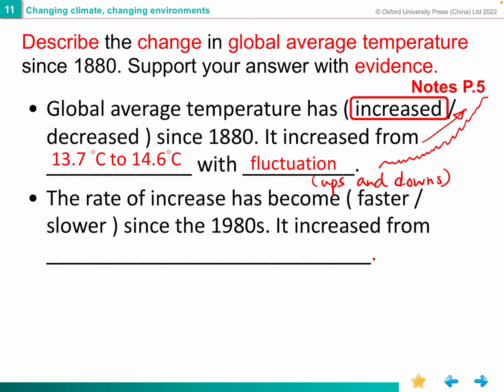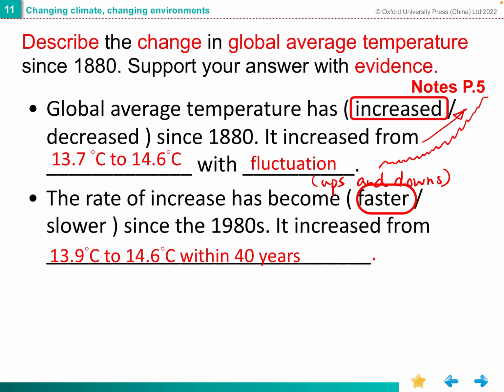And the rate of increase has become faster since the 1980s. That means in the recent 40 years, the temperature increased in a much faster way. So that's why we feel so much hotter than before.